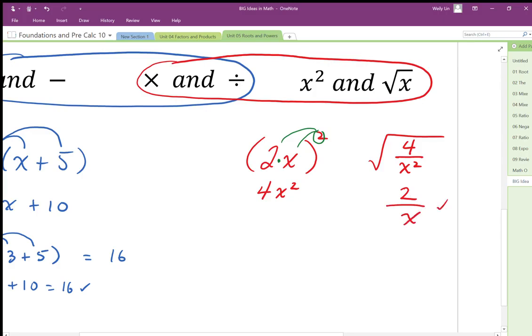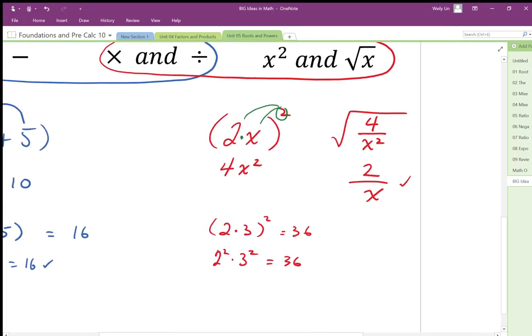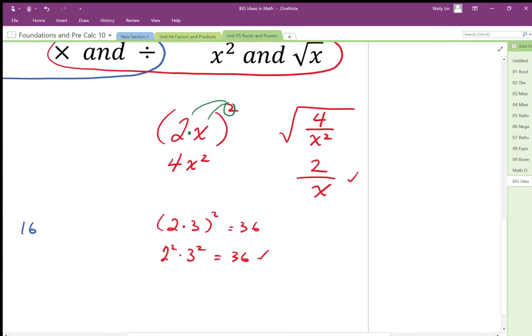So this is fine, and we can see that this works with numbers. I can have 2 times 3 squared, which is equal to 36, and that's the same as 2 squared times 3 squared. That's 4 times 9 equals 36, so that works. We can check that with numbers.